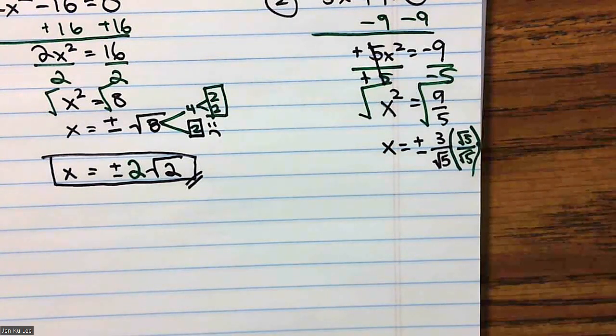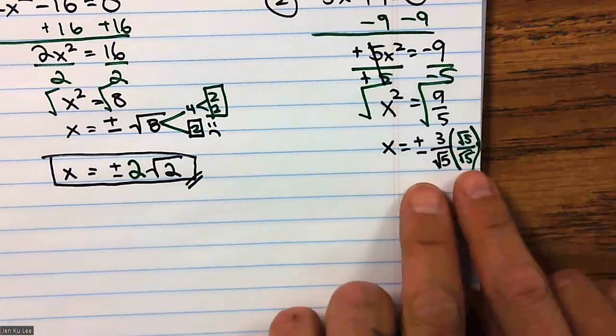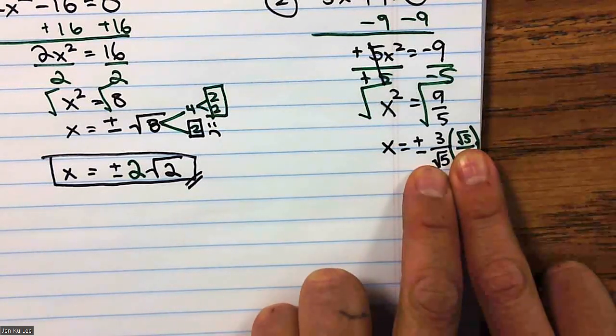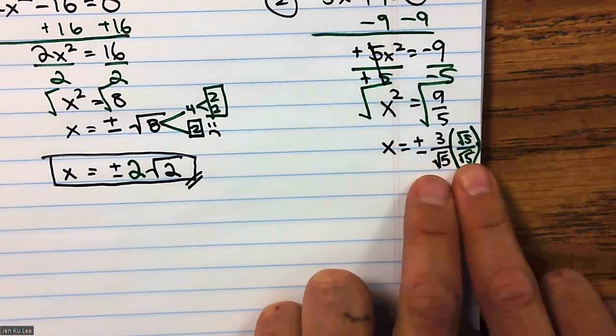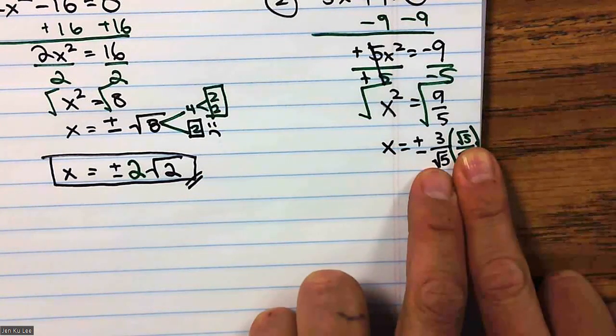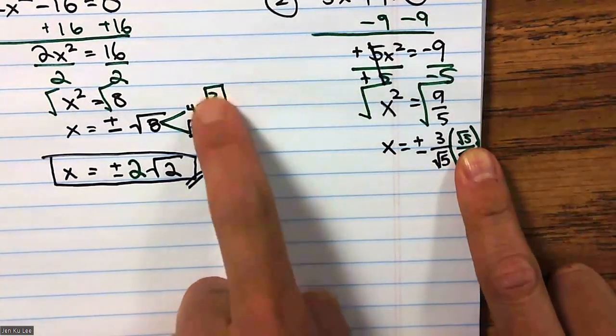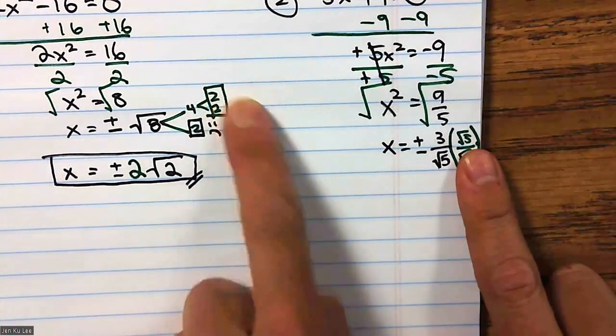Why is that? I see your faces. It's because in my denominator, I cannot have a square root, correct? So the first thing this square root of 5 needs is a partner, right? And I'm pointing to this because these two have a partner and it came out.